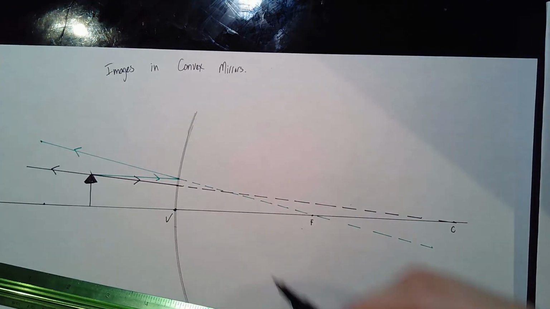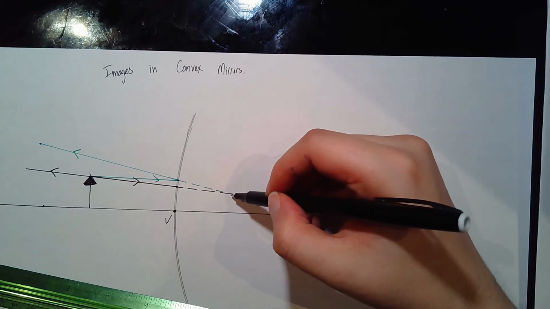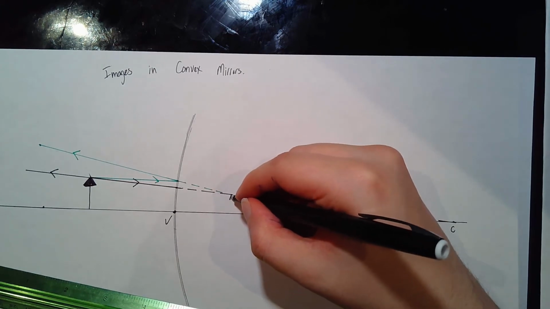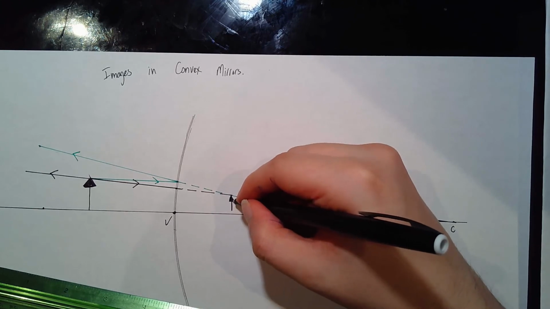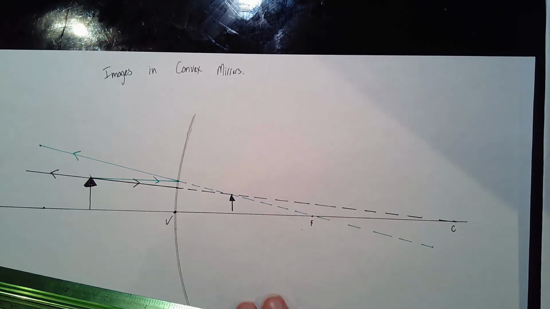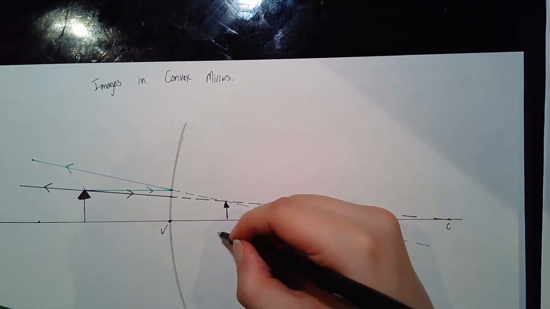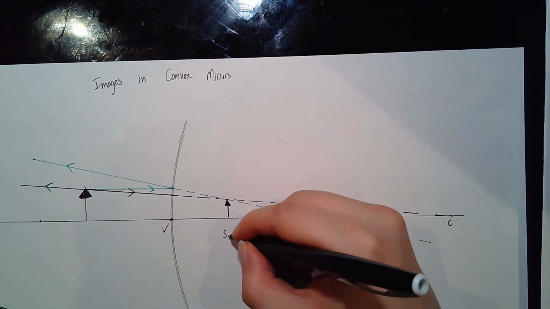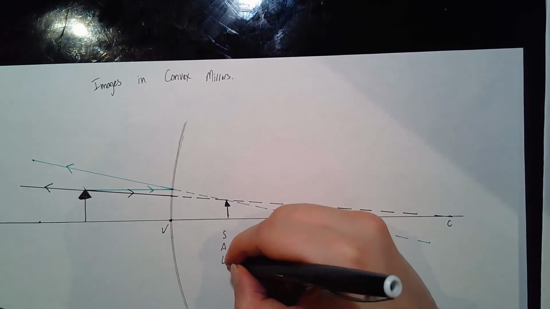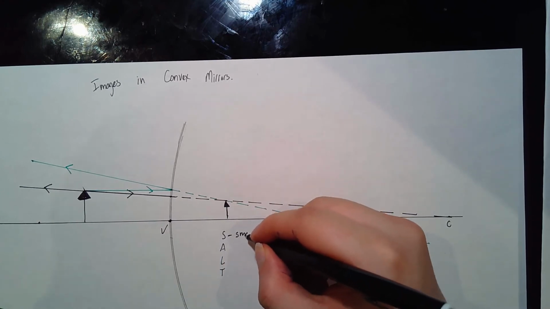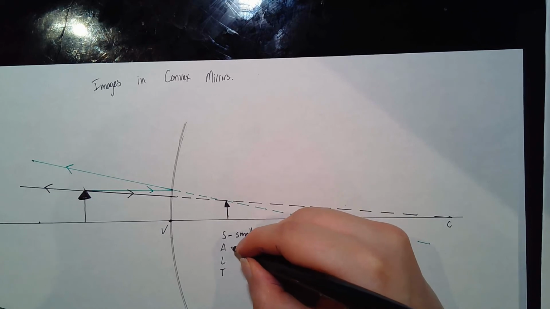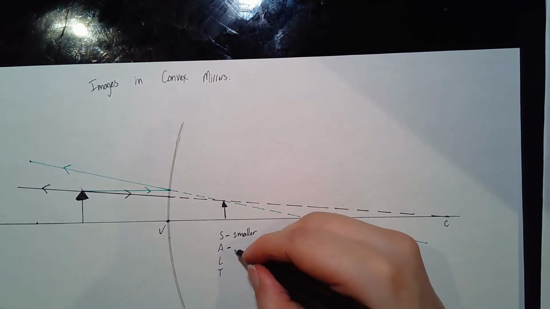And what we can see is that these rays of light actually intersect right here. And so what this tells us, again, we can look at our SALT, is that the size in this case is smaller. The attitude, it is right way up.